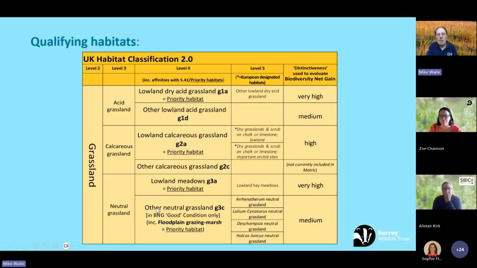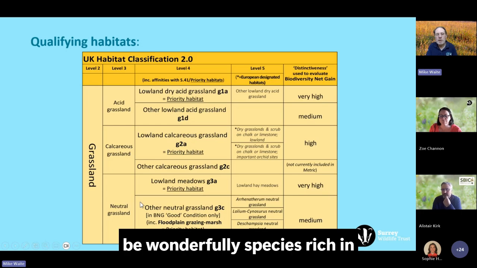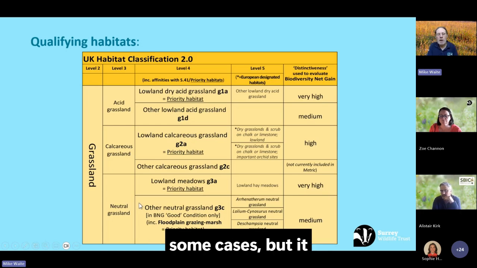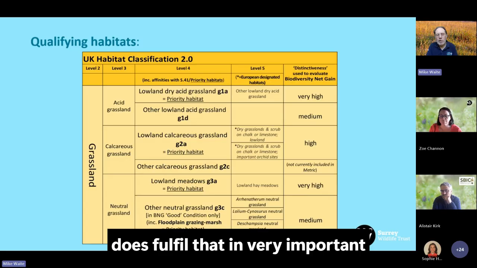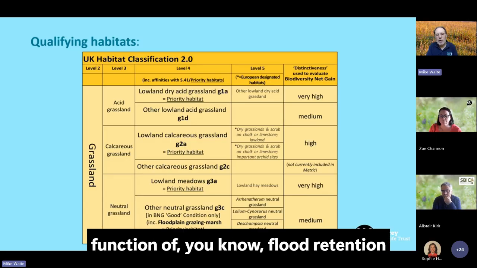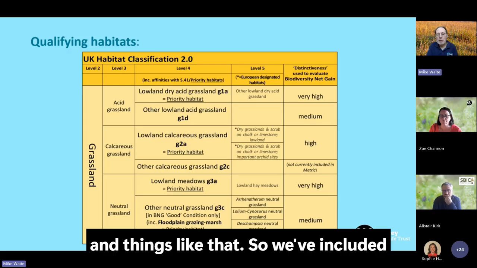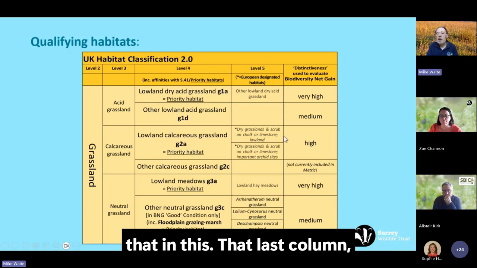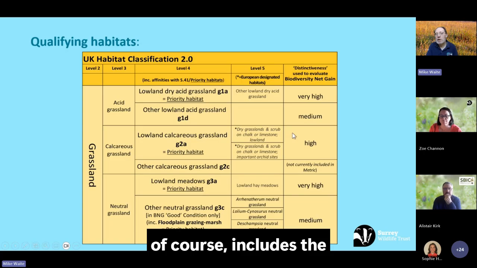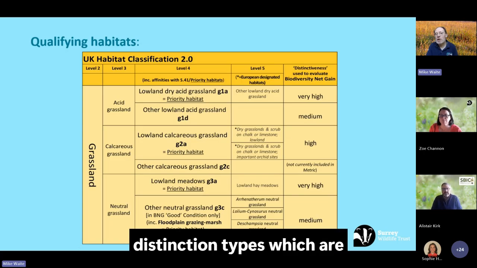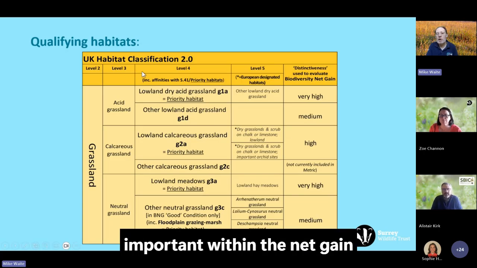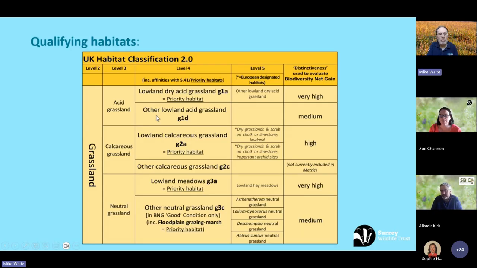It may not be wonderfully species rich in some cases, but it does fulfill that very important function of flood retention and things like that. So we've included that in this. That last column, of course, includes the distinction types, which are important within the net gain metric.